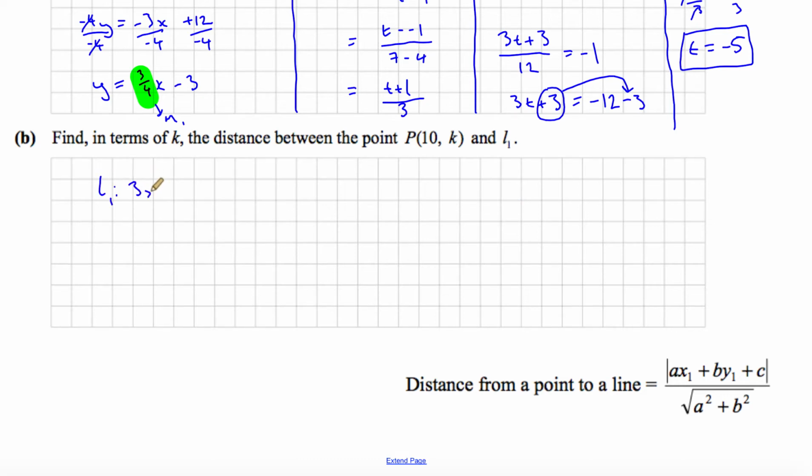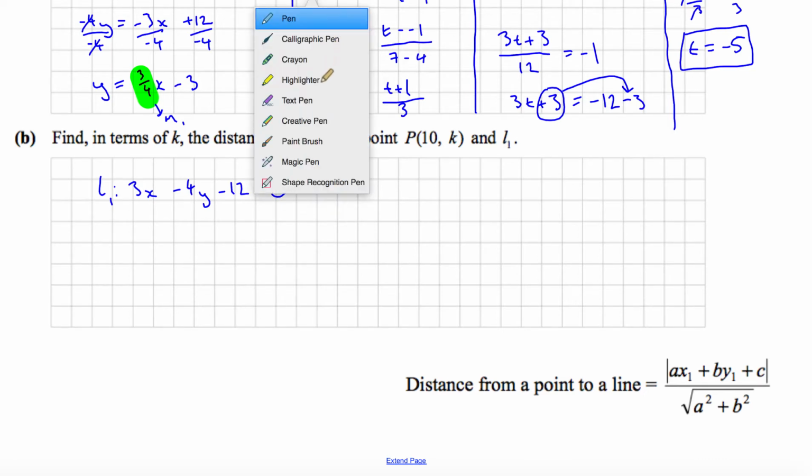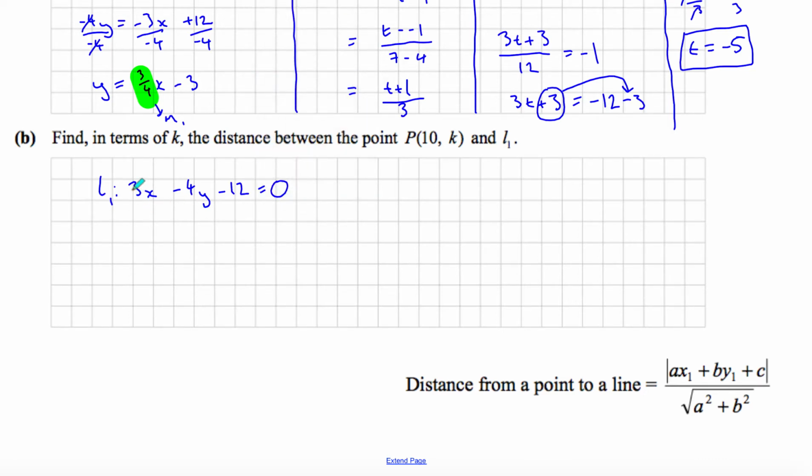3x minus 4y minus 12 equals 0. So the a, b, and c values in here, the a and b values, are the coefficients of x, coefficients of y, and the constant, respectively. So in other words, that's going to be our a value.